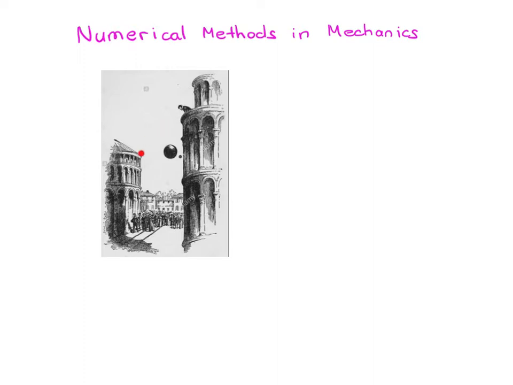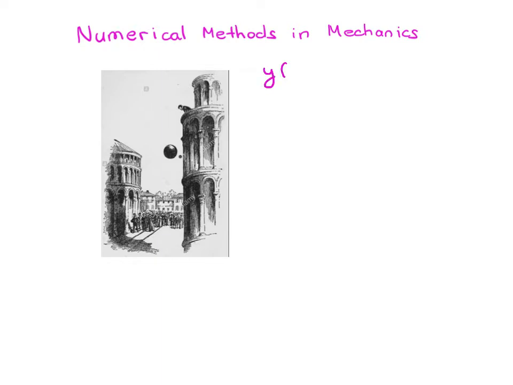Here's a famous historical case of Galileo standing on top of what was not yet the leaning Tower of Pisa and dropping objects. There exists what's called an analytical solution to this problem. You can write down an equation for when you drop an object. If it's a heavy object and it's going to undergo a constant downward acceleration, you can predict very accurately how the object is going to move over time.